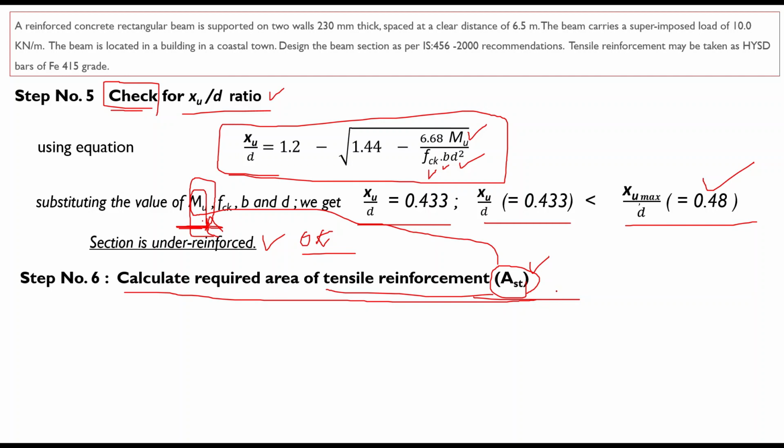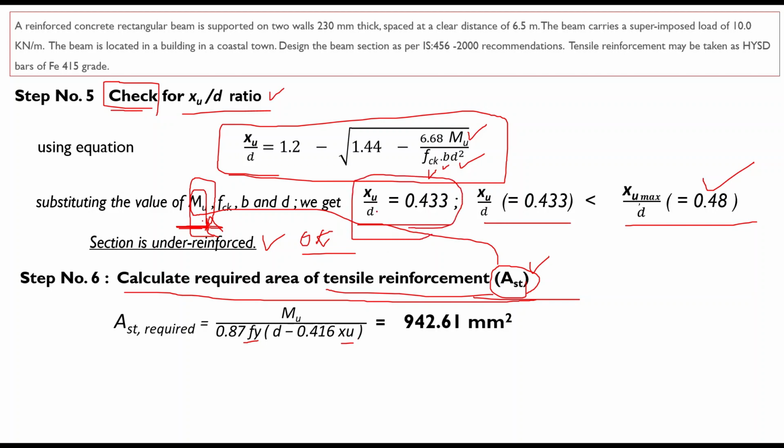So how to calculate the area of tensile reinforcement? Here we can use this formula directly, after putting in all the values of Fy and the value of Xu which we have already calculated. Xu you can get from this formula, that is Xu equal to 0.433 into D, and D we have already decided is 350 mm.